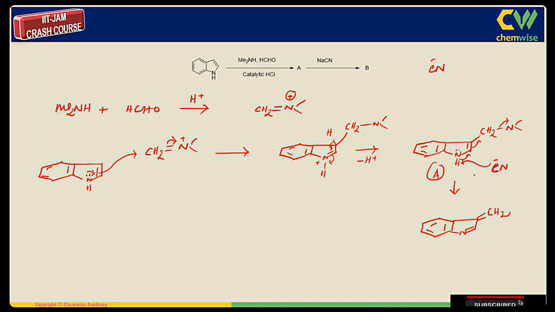Now we have CN minus. Here we found CN minus acts as base. Here we'll see CN minus. Now see, the double bond N is corresponding to a carbonyl. That's why it's like an alpha beta unsaturated carbonyl.